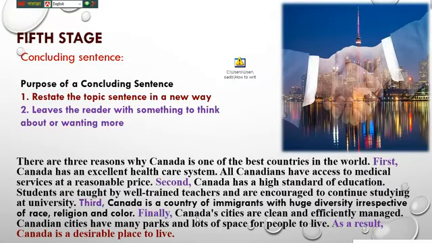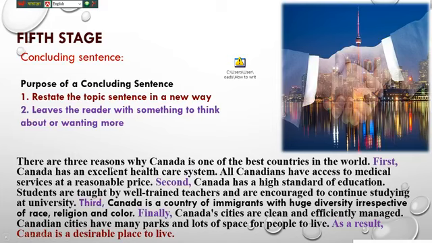Right, here you see the fifth stage, the concluding sentence. This is very important for everyone to write, because the purpose of a concluding sentence is to restate the topic sentence in a new way. Do you remember the topic sentence?